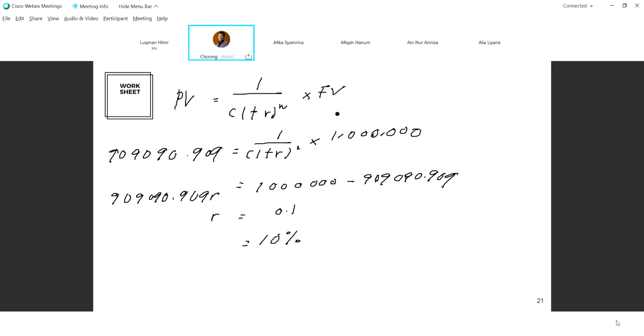So now, which one is better? So now we have this scenario. Let's say this is S1, scenario 1. This is scenario 2.